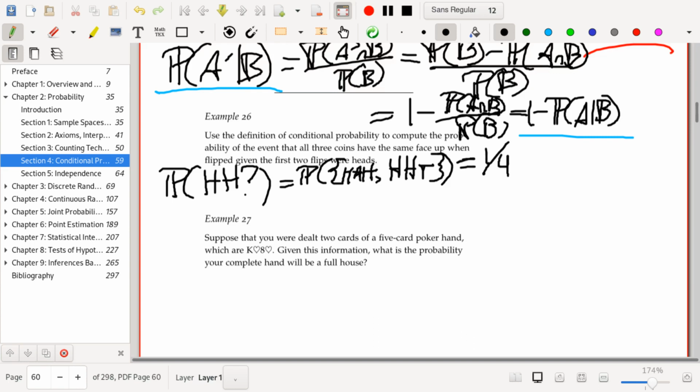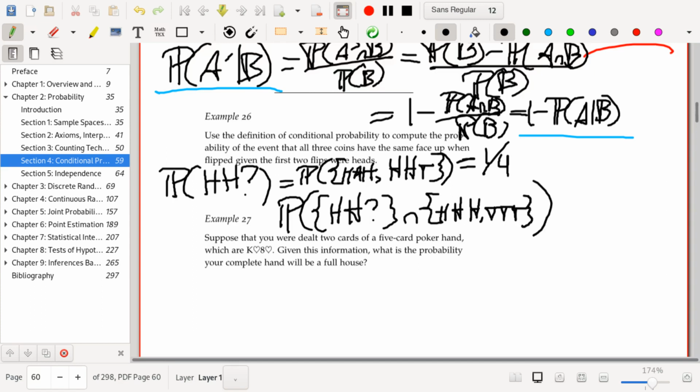And the probability of the event that the first 2 flips were heads intersected with the event that all the flips are the same, which is the event consisting of heads, heads, heads, and tails, tails, tails. Well, the intersection of those 2 events is going to be just heads, heads, heads. So that's going to be the probability of heads, heads, heads, which is going to be 1/8.